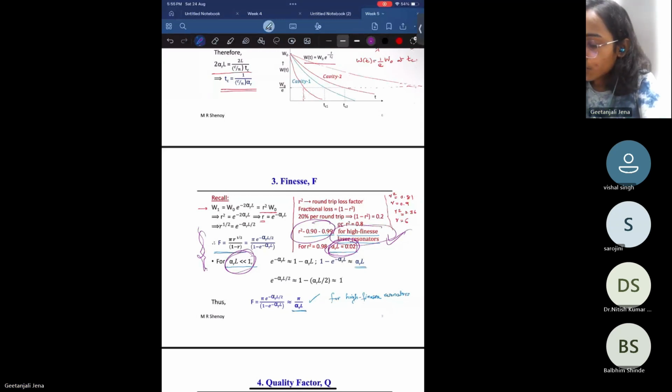In this case, you can use the approximate formula, pi by alpha R L. But if it is not, then don't use that formula. Just use the pi root R over 1 minus R formula.